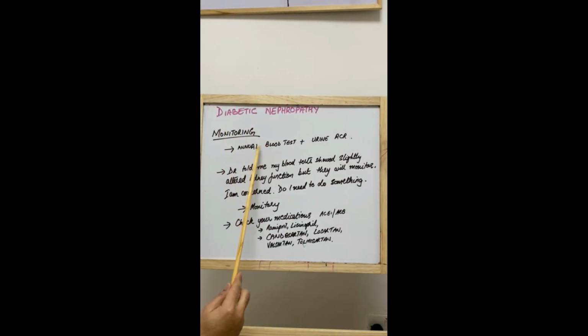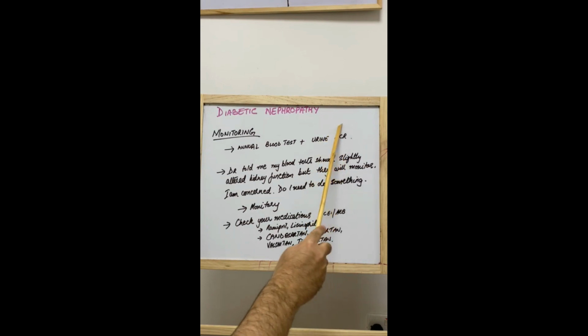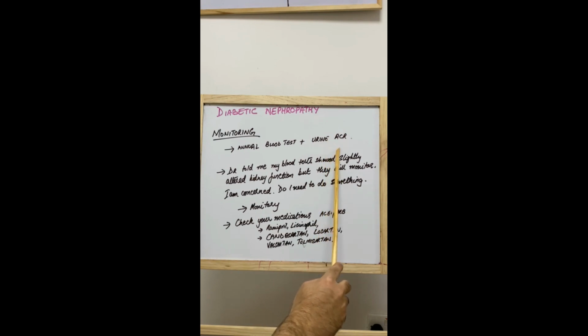So, monitoring diabetic nephropathy involves an annual blood test called a renal function test, which looks for a waste product called creatinine present in the blood. Another test is a urine test called the albumin creatinine ratio, or ACR, that looks for the protein which is leaking into the urine.